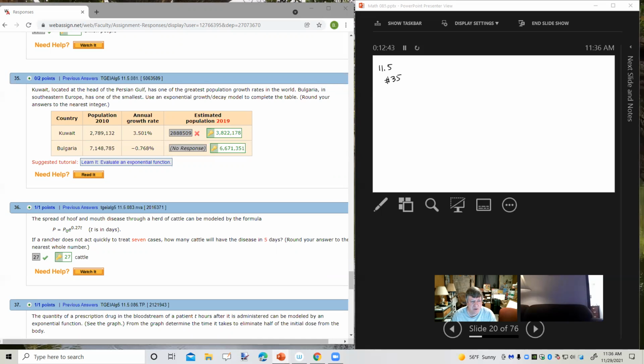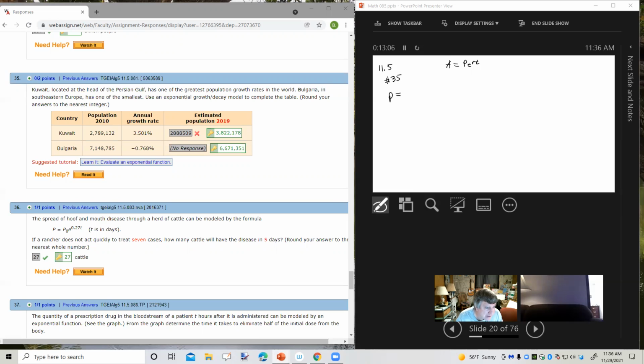Use an exponential growth decay model to complete the table. So basically, A equals P e to the RT. Round your answers to the nearest integers. So Kuwait, the population in 2010 is 2,789,132.